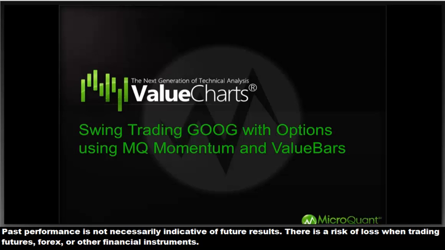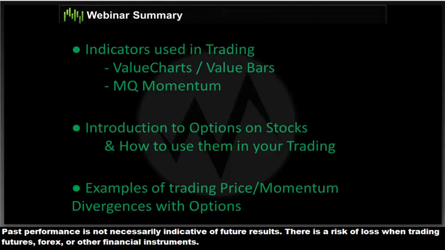Okay, now moving on to the topic of tonight's webinar, swing trading Google with options using MQ momentum and value bars. Again, I'm going to first be introducing you to MicroQuant's proprietary value charts and value bars indicator, and then the idea behind an objective value indicator.